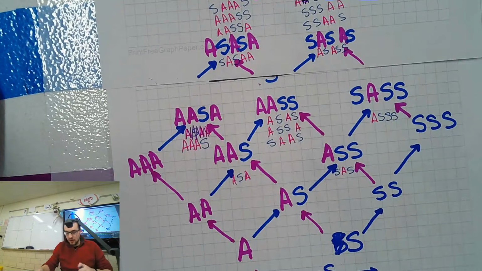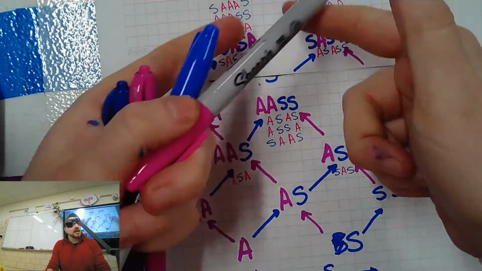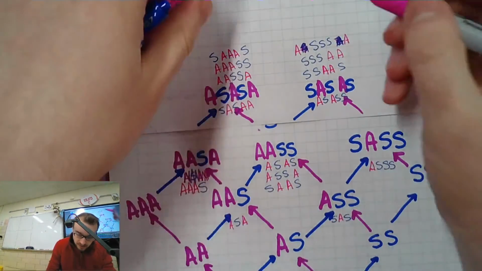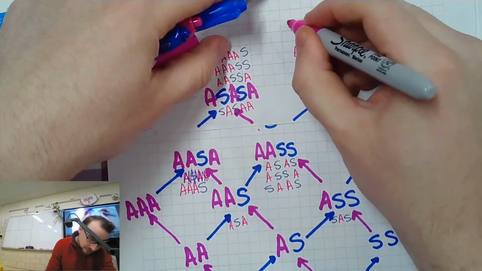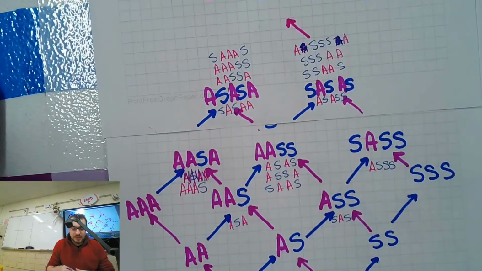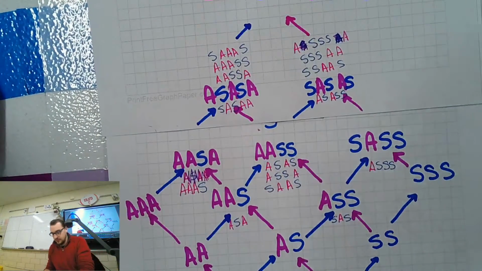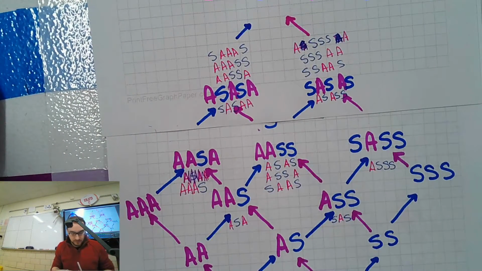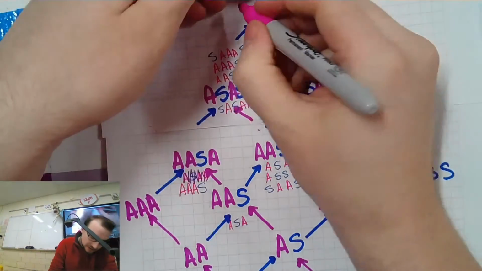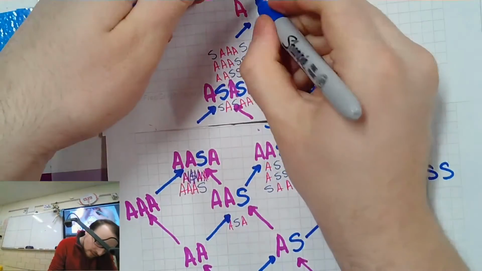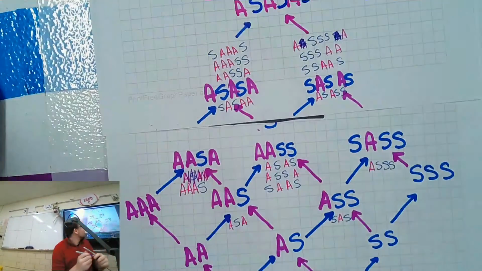All right, moving on. I should have one thing left according to my tree diagram, because it all converges at the top. So going to the left from here and going to the right from here should get me the same thing. What's it going to get me? Really close. A, S, S, S. 3 A's, 3 S's. I'm going to write it like this, and I'll show you in a second why. How many different ways are there to write that?